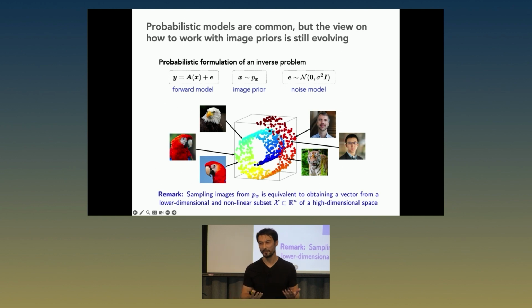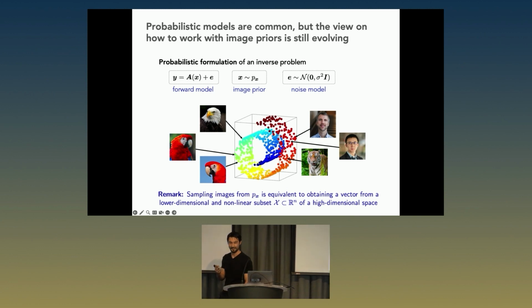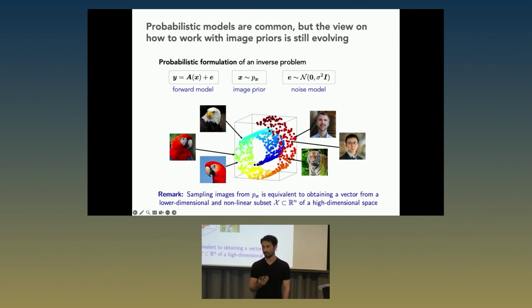So a lot of people interpreted this as saying that images live somewhere on a manifold or in some kind of union of subspaces, or there's a parsimony model underlying images, which gives us hope that maybe we can do something about it. But still, even if you understand this, the question becomes, how do we actually represent the space or manifold of images? And that's where the innovation is.